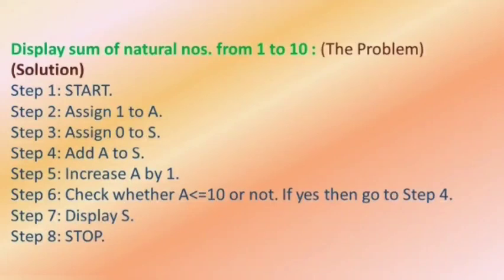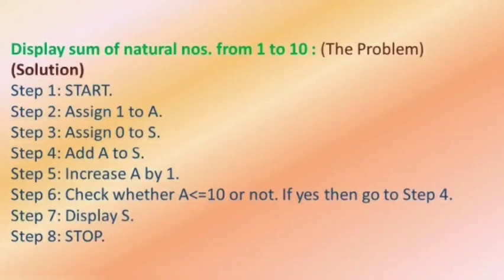So here we found sum of all the natural numbers from 1 to 10. We assigned value 1 to A, then we assigned value 0 to S. Here S is accumulator. Then next step, we accumulated the value of A to S. Then we increased the value of A by 1.